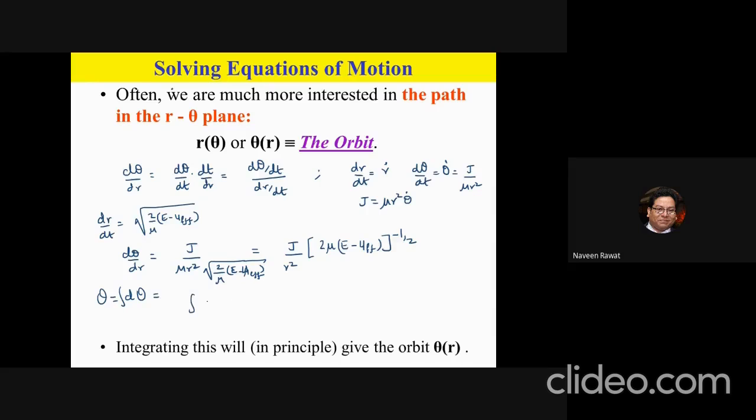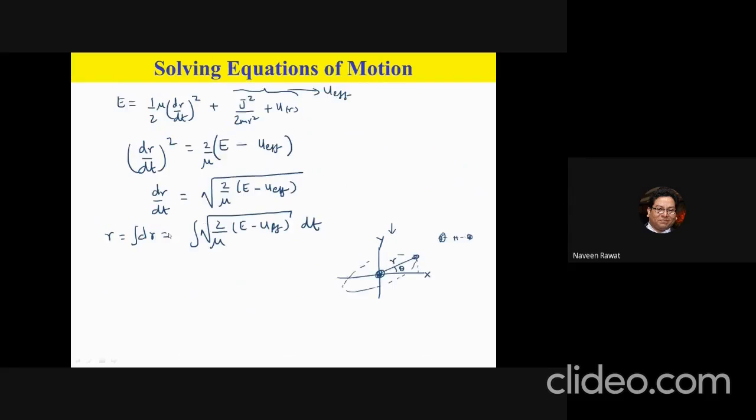It will be the integral of J by r² times 2μ(E minus U effective) to the power minus half times dr. You see, so now I have found an expression for θ in terms of r, and I have found an expression for r as well, from the equations that I previously got from my total energy, which came from my Lagrangian formulation.